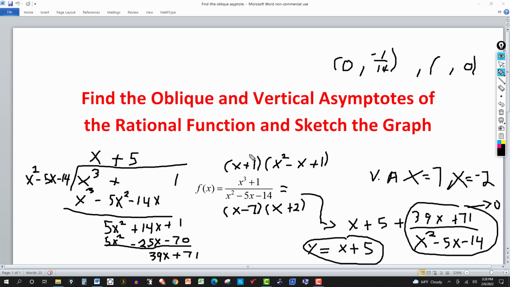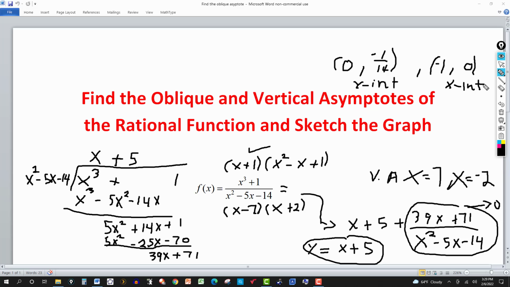Well, you can see right here, when x is negative 1, it is 0. So when y is 0, the function will be 0 at negative 1. So this is your y-intercept, and this is your x-intercept of the graph.